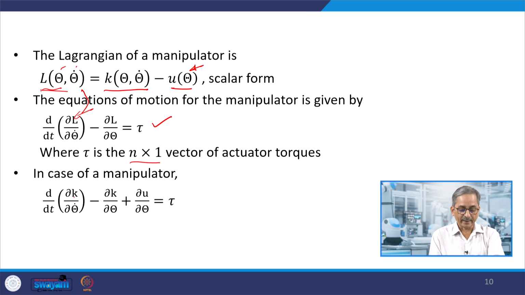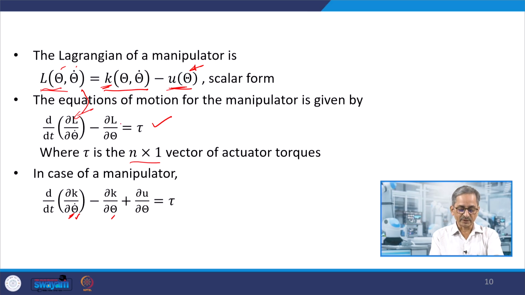Del K upon del theta dot, minus del K upon del theta, because K is a function of both theta and theta dot, and minus U of theta. But you see that U is a function of only theta, so when I am taking the partial derivative with respect to theta dot, I am not going to get any value for this; that value will be 0.